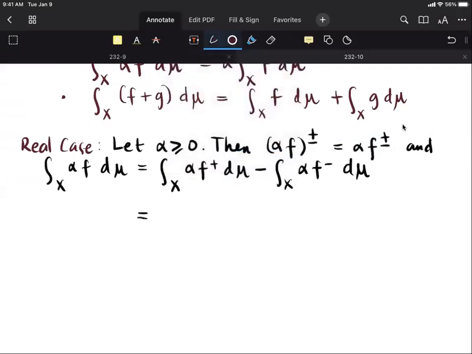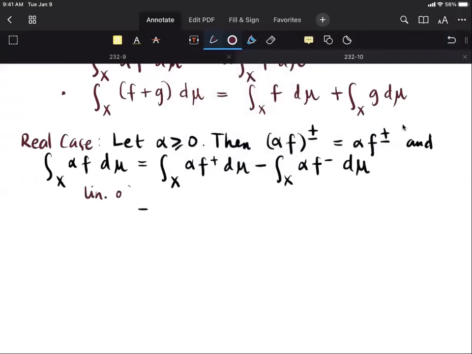Now, we use the linearity of the Lebesgue integral for functions in M plus, okay? And we have shown this in the previous lecture.